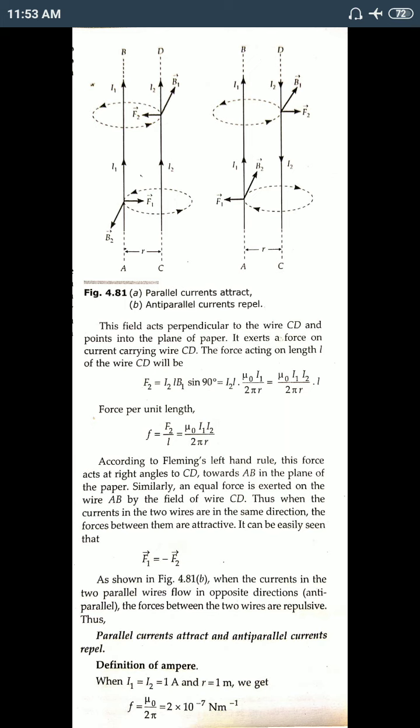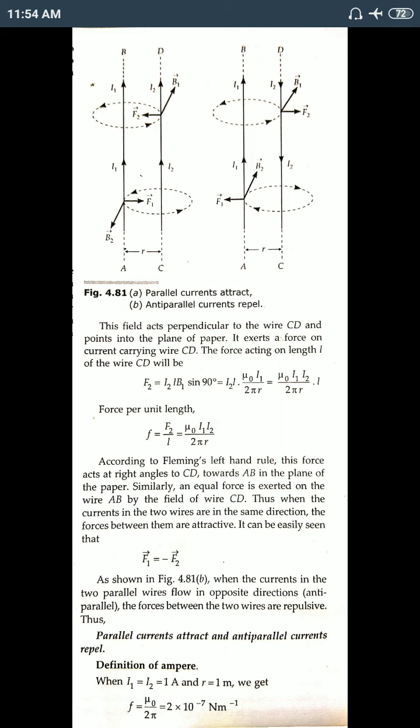Here we consider two long parallel wires AB and CD carrying currents I1 and I2 parallel to each other, that means the two wires are parallel, so the currents are also parallel. The separation between these two wires is R, as shown in this figure.